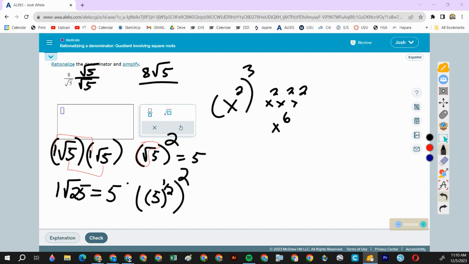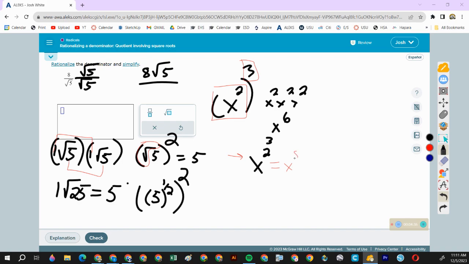Now, that is different than this. X to the 2 to the third. What is that? Well, in this case, I am cubing the x squared. What's happening here? I'm just cubing the 2.